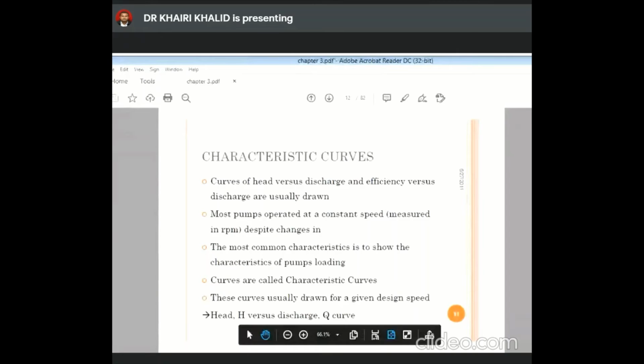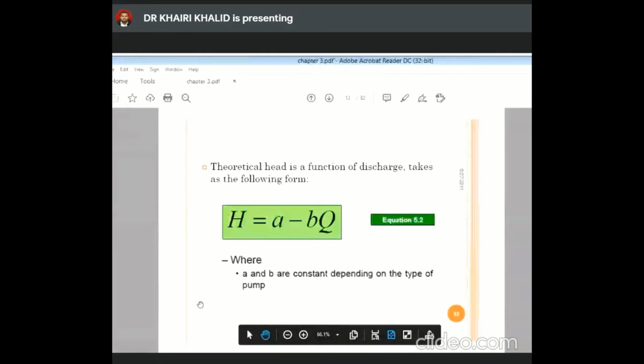This is the formula: the theoretical head is a function of discharge, H = A - BQ, where A and B are constant values depending on the type of pump. The values of A and B are provided for every single pump by the manufacturer.